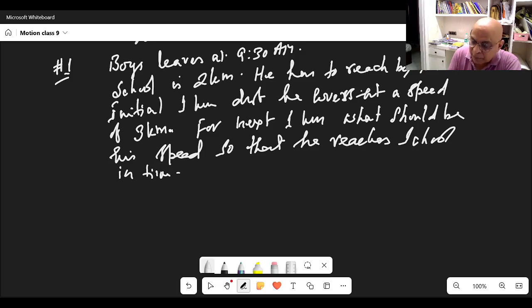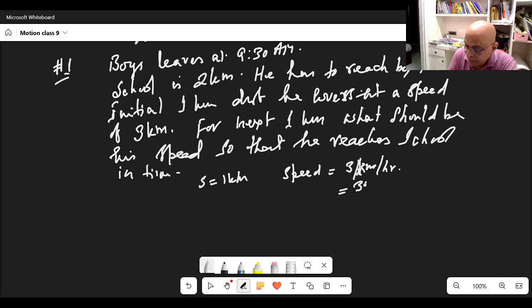3 kilometer per hour is his speed for the first 1 kilometer. So distance is 1 kilometer and speed is 3 kilometer per hour. Change it into kilometer per minute: it will be 3 by 60 kilometer per minute.